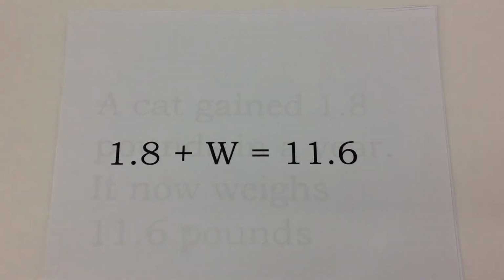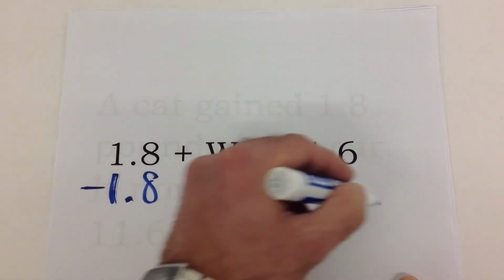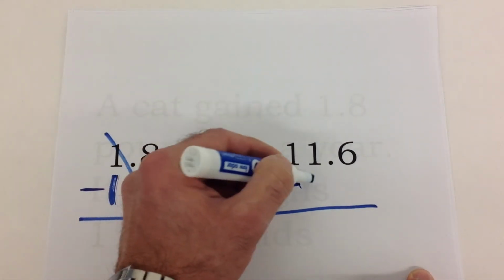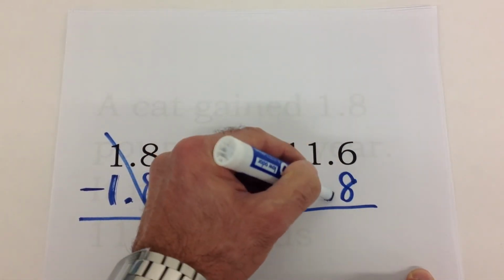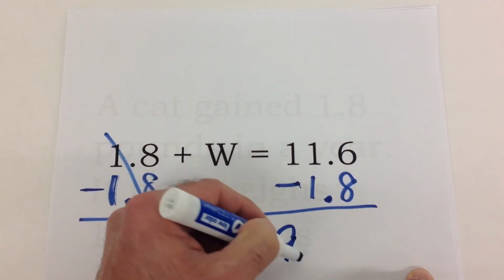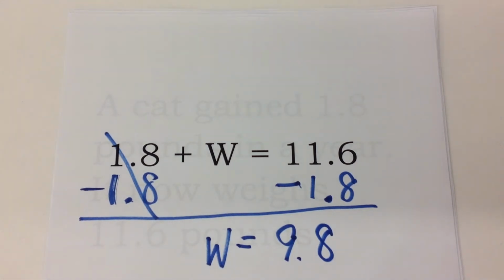Okay, so if we subtract 1.8 on both sides, that cancels. And then whatever you do to one side, you do to the other. And W will equal 9.8. Right?